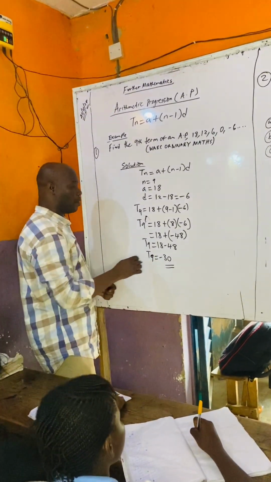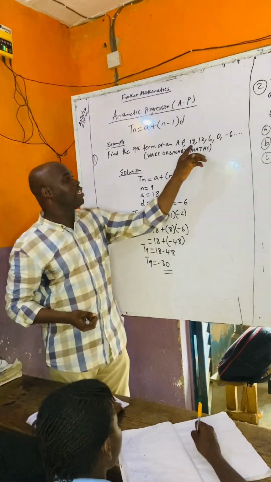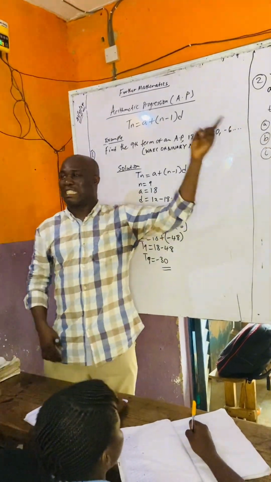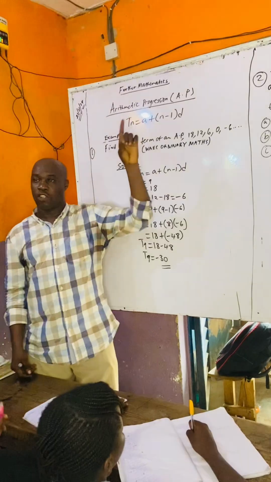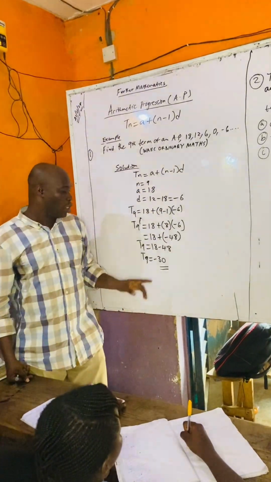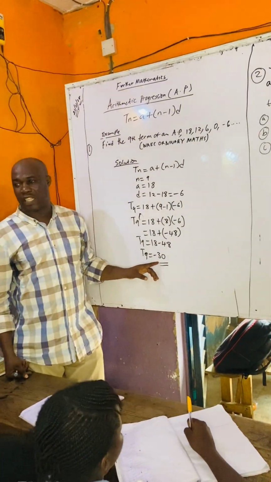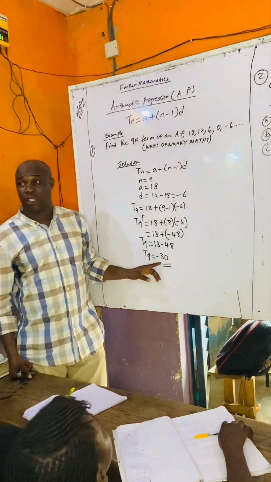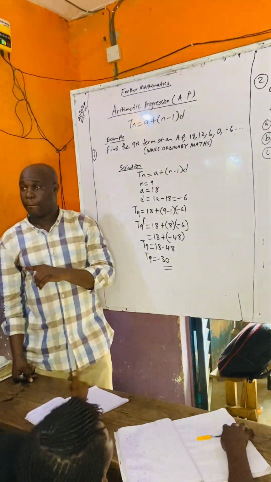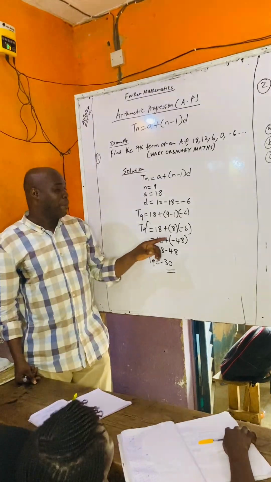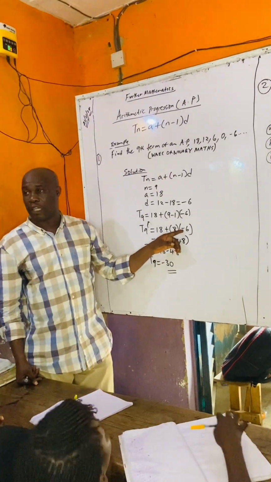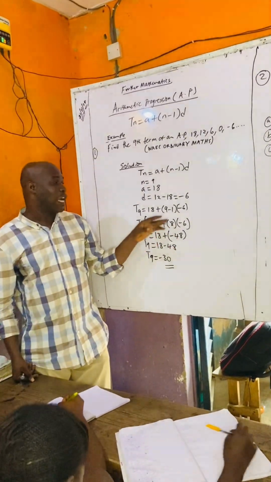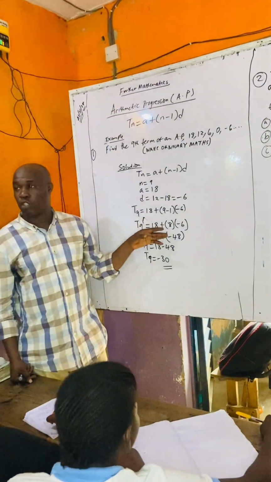So meaning that if you extend this number going, the 9th number is going to be that. How to get that? I put this minus 6 inside the bracket because I don't want a kind of mix up here.